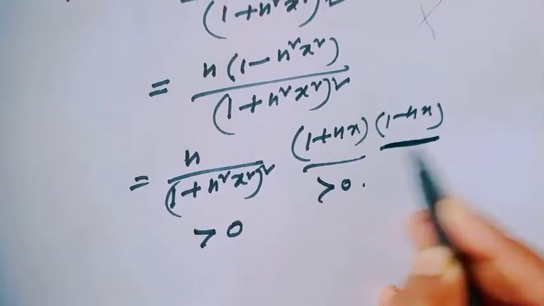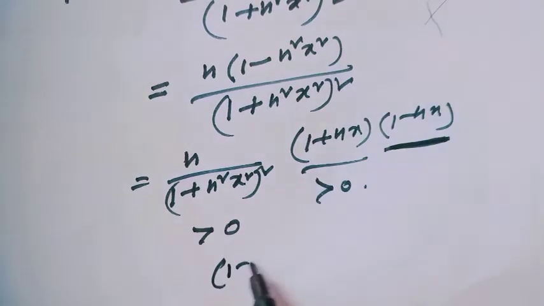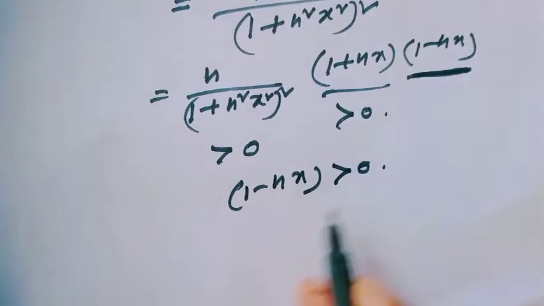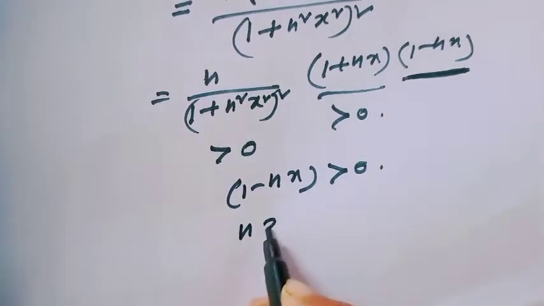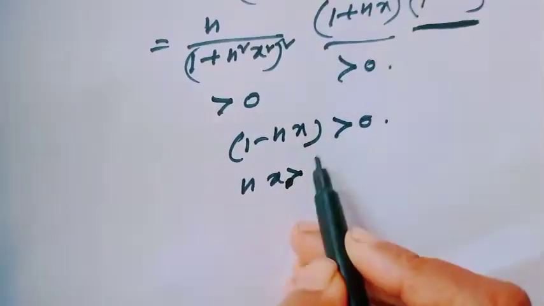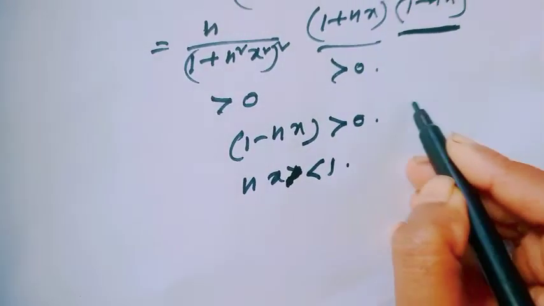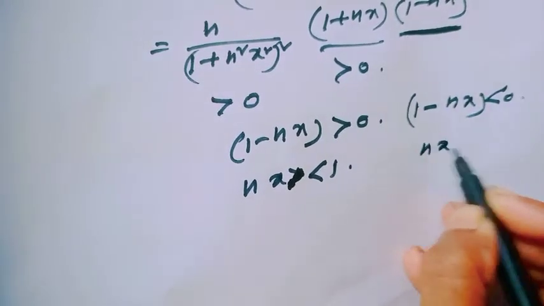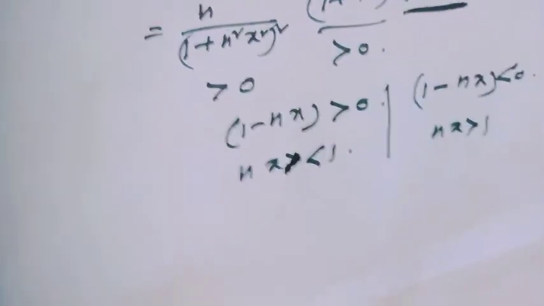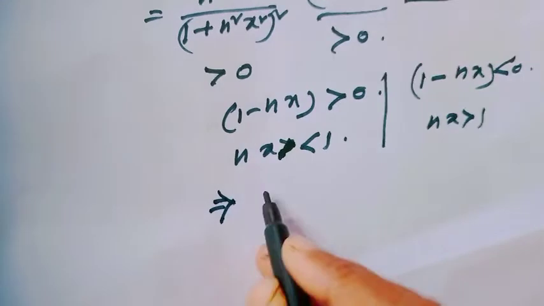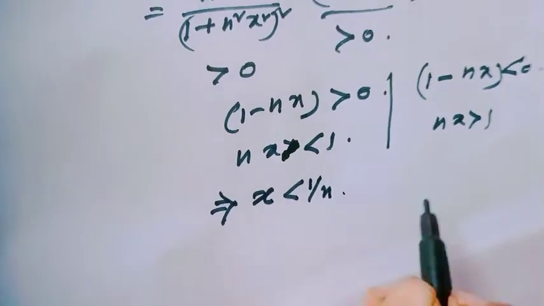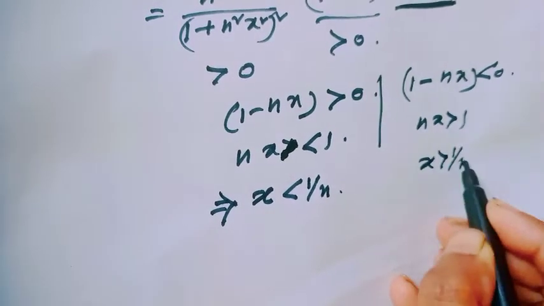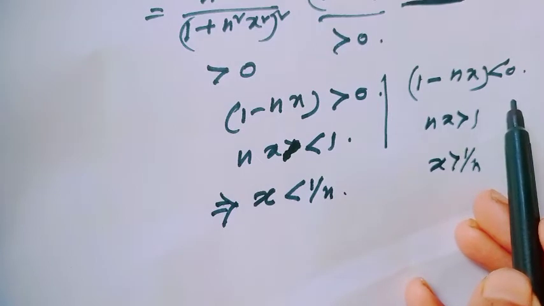But notice here, this part 1 minus nx would be greater than 0 when nx is less than 1, and 1 minus nx would be less than 0 when nx is greater than 1. Are you getting the meaning? That means for x less than 1 over n, this value is greater than 0, and for x greater than 1 over n, this value is less than 0.